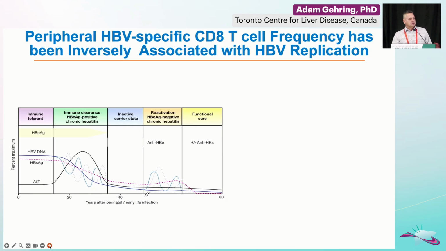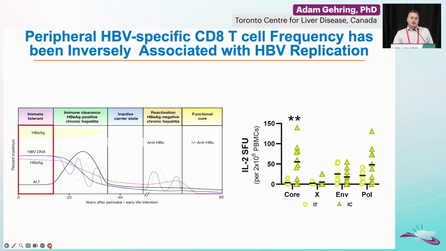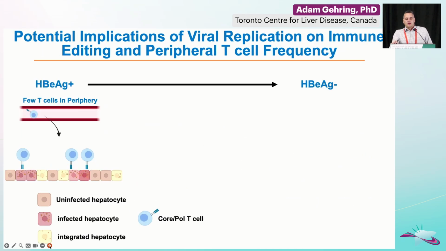Coming back to the different stages and thinking about the e-antigen positive stage and the fact that we saw fewer core-specific T-cells and polymerase-specific T-cells, you can come to this hypothesis that in the e-antigen positive patients, the core and polymerase, particularly the core-specific T-cells, are coming out of the peripheral blood. They're not detectable in the peripheral blood because there's so much core antigen and e-antigen within the hepatocytes.